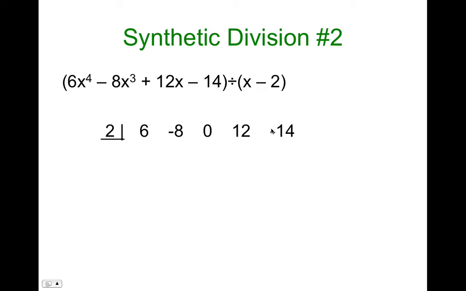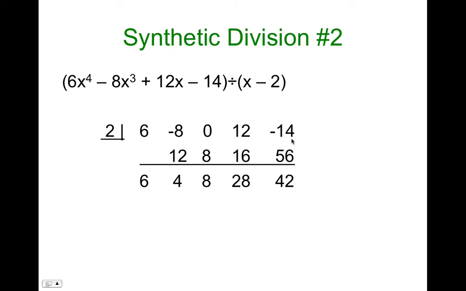We write down our coefficients. Okay, and notice that since we have some minus terms here, they become negative in synthetic division. We go through, we drop the first number, 6, we multiply and add, multiply, add, multiply, add, multiply, add.